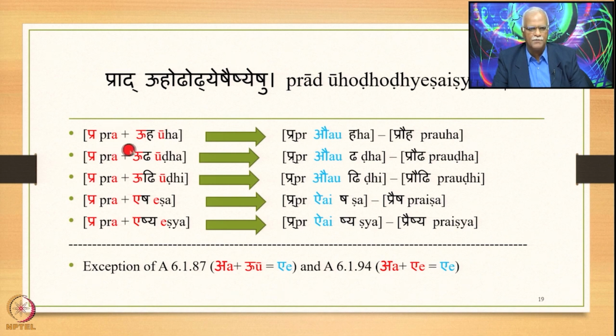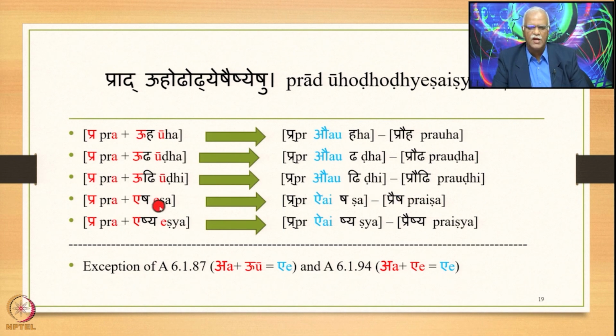So when we have pra plus uha, the output generated is pra auha, prauha. Similarly, pra plus udha and the output generated is pra audha, praudha. Pra plus udhi and the output generated is pra audhi, praudhi.